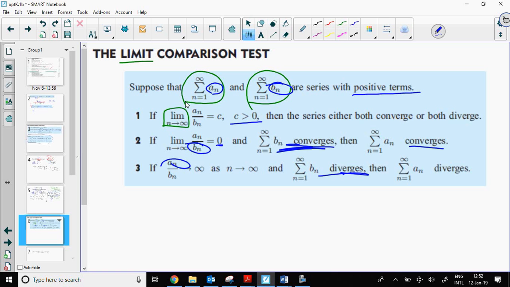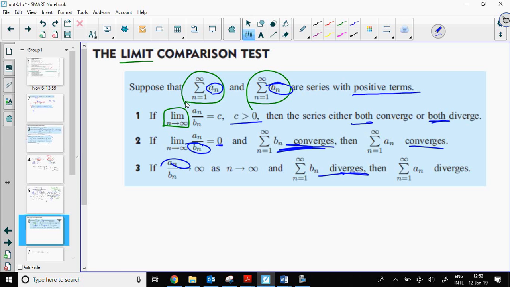But for right now, everything's positive for all these examples. Anyhow, if we just get a constant value out, then the series either both, this is key, both converge or both diverge.